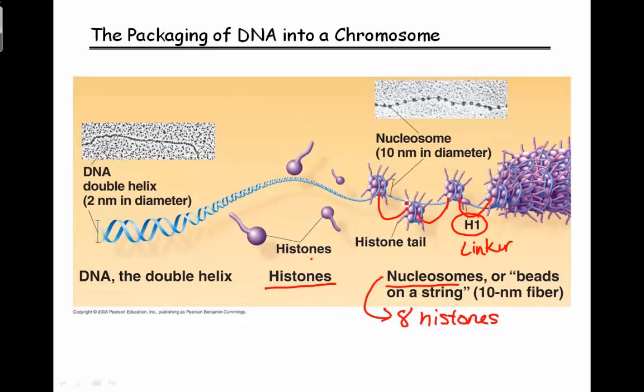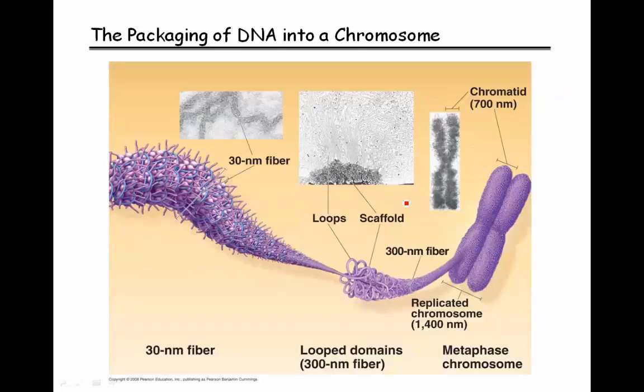So what we're doing is we're coiling up the DNA and we're wrapping it very tightly around these proteins, which is going to organize it, prevent tangling of it, and eventually, if we highly compact the DNA, then we get to that short, fat, X-shaped chromosome, which is what we were looking at during the mitosis process.